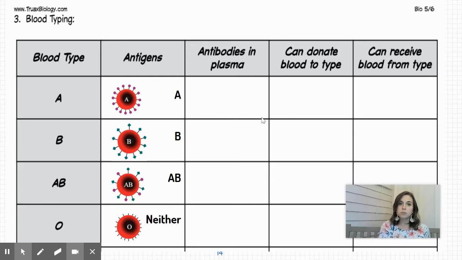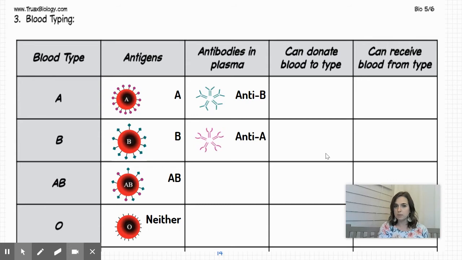So the antibodies present are going to be opposite, like we just saw on the sheet. So the antibodies are called anti-B because, again, we're like against B's. No B's allowed if you have A blood type. And so it's going to fight or attack those. If you had B blood type, it would be I'm against anything with A's on it, anti-A.